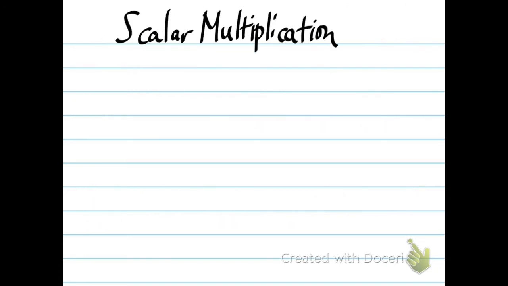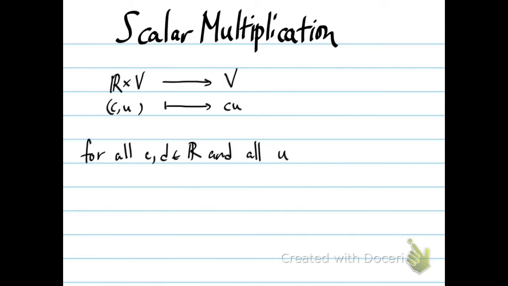Next, we need a scalar multiplication. And so what is that? Well, it's going to take as input a scalar and a vector and output the scalar multiple. What properties do we want this to have? Well, for all scalars c and d, and for all vectors u, I want (c plus d) times u to be the same as c times u plus d times u. So it's like I want the scalar multiplication to distribute across regular addition.